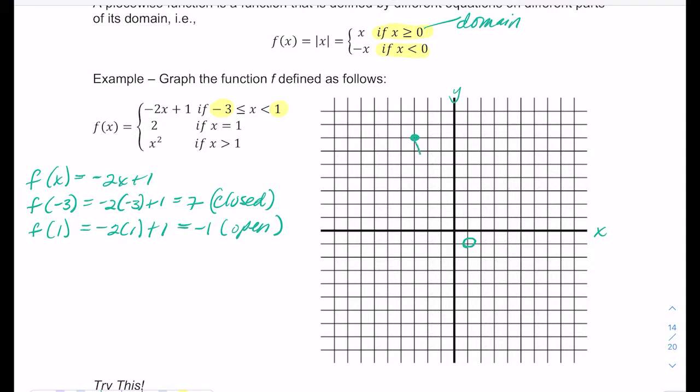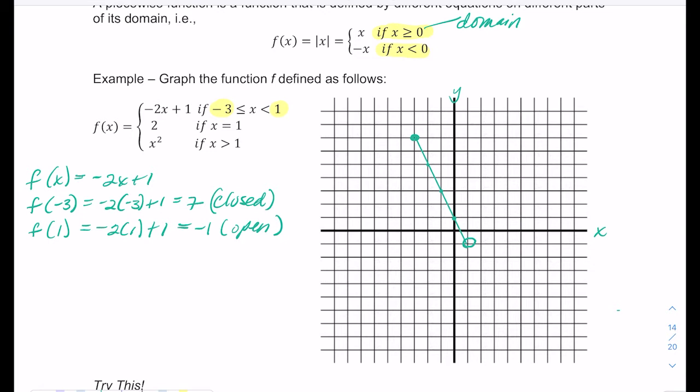And then I'm going to connect my line. Okay, and I'm actually going to do that a little bit neater. Okay, now I'm going to connect it. All right, so there's the first portion of the graph.